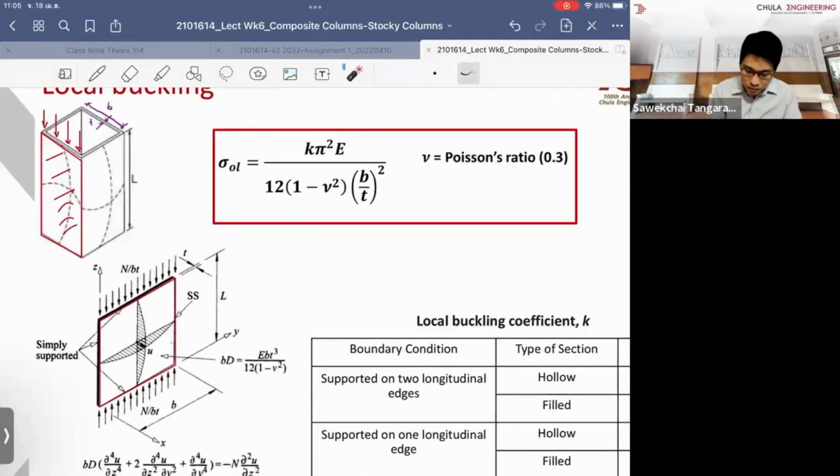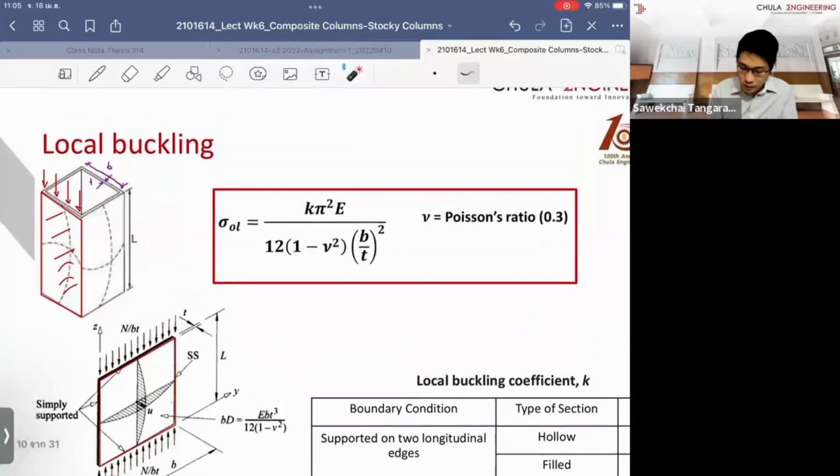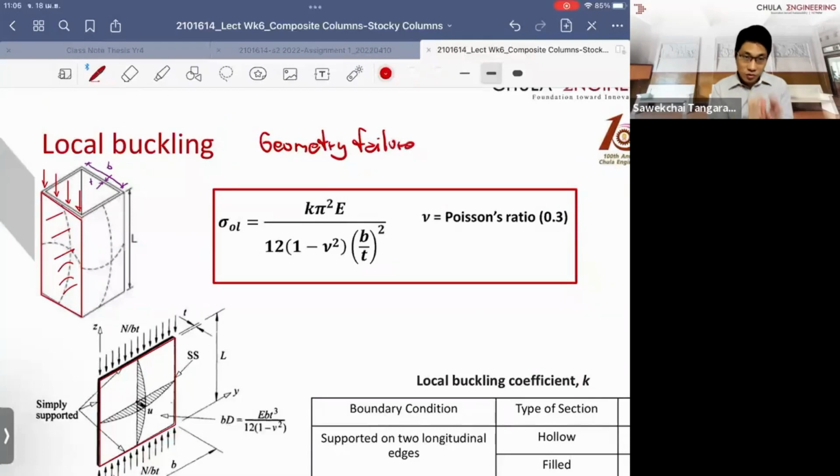The boundary condition means it's got a support on this edge of the thin plate, and it's got a support on the other edge as well. So this one has got a simple support here, and this one has got a simple support as well. And what you do, you apply the uniform compression, and the thin plate will form a curve according to the geometry effects. So this is a failure from the geometry. It doesn't involve the strength at all, just the geometry purely.